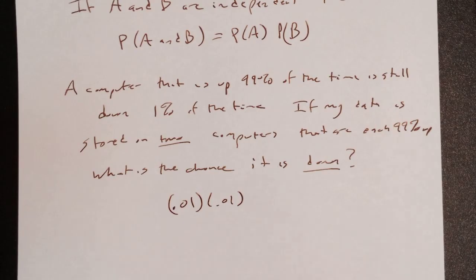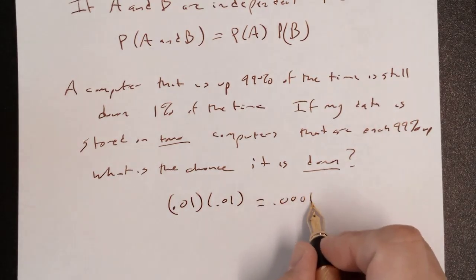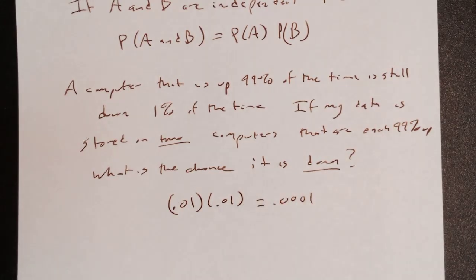1% squared is 0.0001. Right? 1, 2, 3, 4, yes. Which is a much smaller number. Instead of 1 in 100, it's now 1 in 10,000.